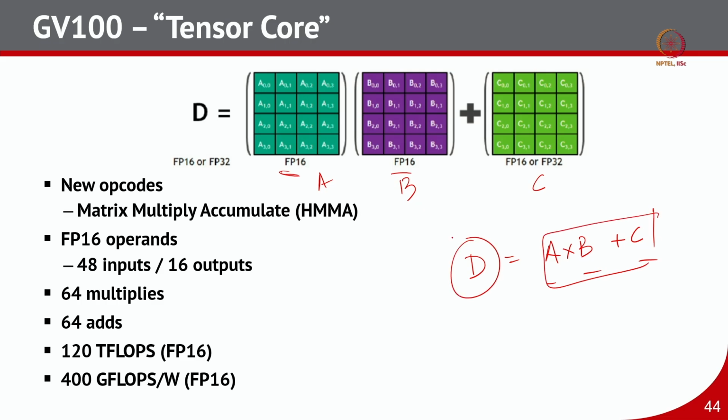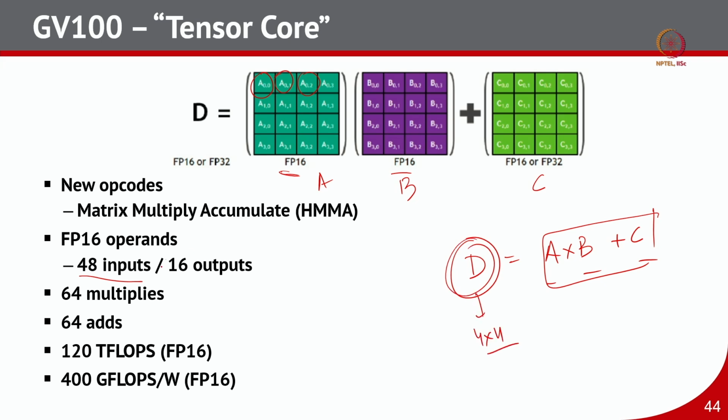Okay. Now they also introduced this matrix multiply accumulate for FP16 operands. So each of the entries in all these matrices is a 16-bit floating point number, right? Now, as you can see, we have three 4 by 4 matrices, so there are 48 inputs, and then the output will also be of size 4 by 4.